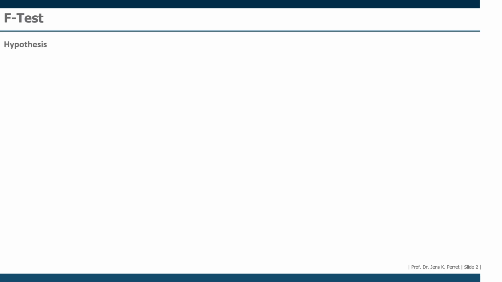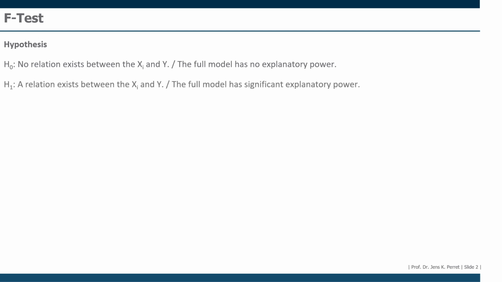Well, what's the general idea which the F-test tests? For this it makes sense to take a look at the H0 and H1 hypothesis. So we usually say that the F-test tests whether there is a relation between the dependent variable y and the independent variables x.